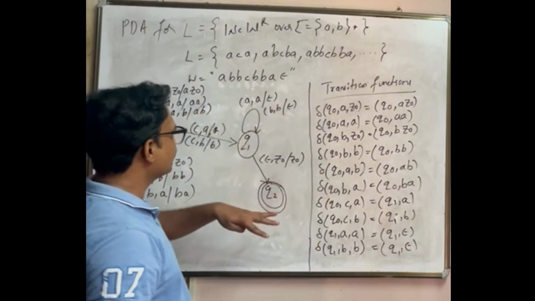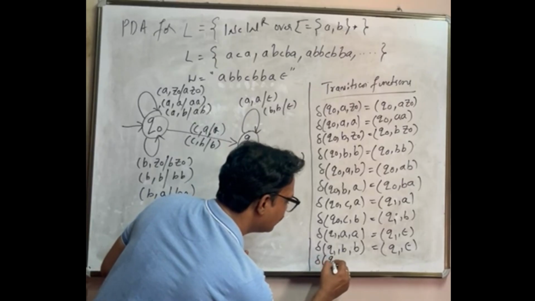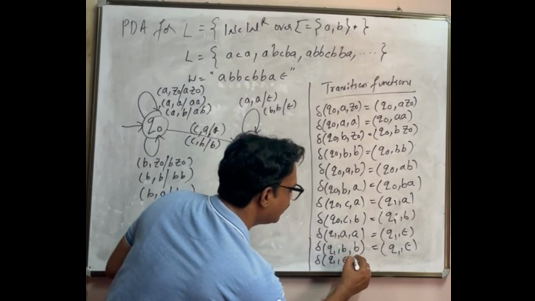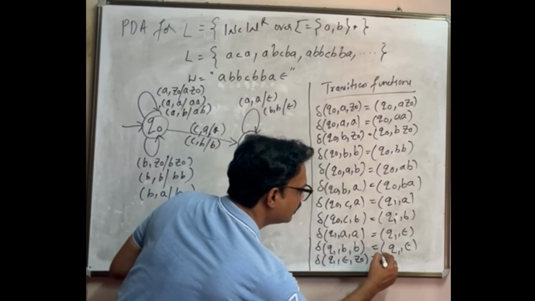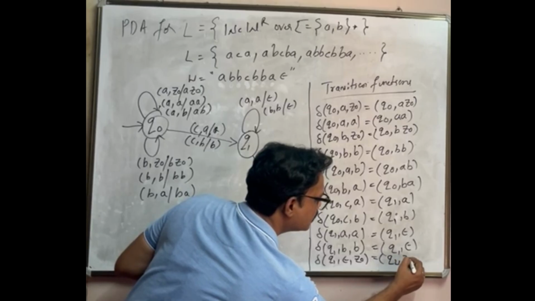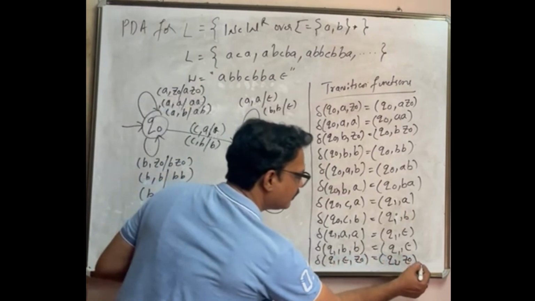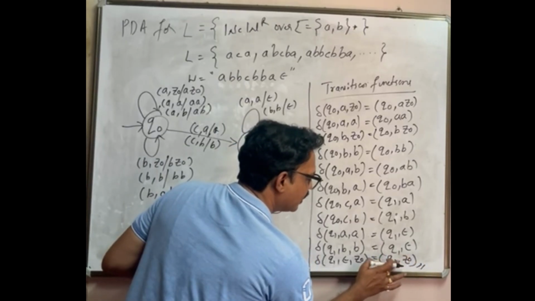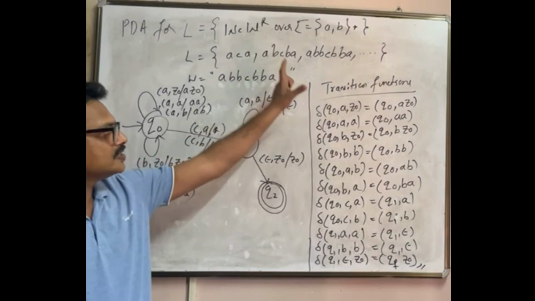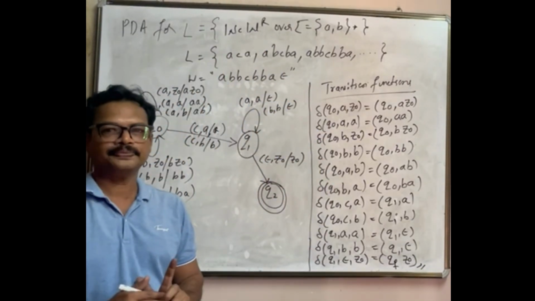Now after it pops all the elements, one moment of time will come, that is upon Q1, it faces an epsilon, and the top of the stack is Z0, it leaves it, it moves to state Q2 with Z0. And this will be the final state, or you can mention it as QF also. And this is the transition function for the designed PDA.